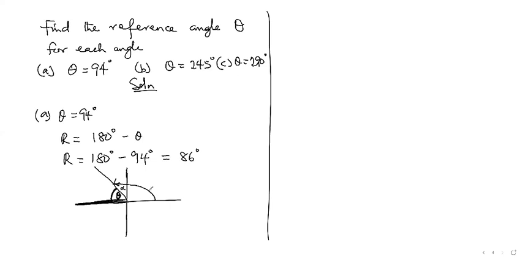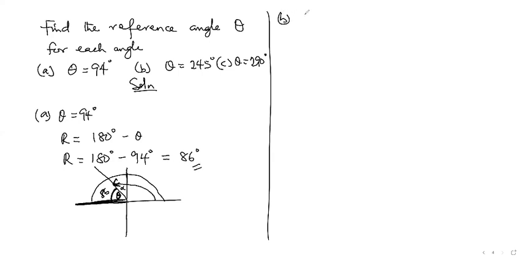So from here to here is 94. So 94 plus what will give you 180? From here to here is 180. So that will give you 86. So here is 86. That's if you want to use the diagram. If you want to use the table, which we learned, this is what you use.